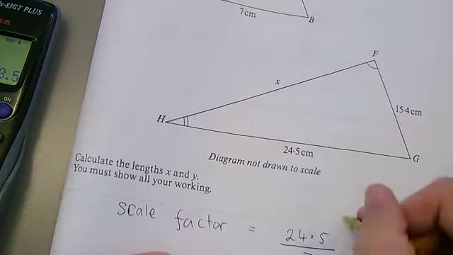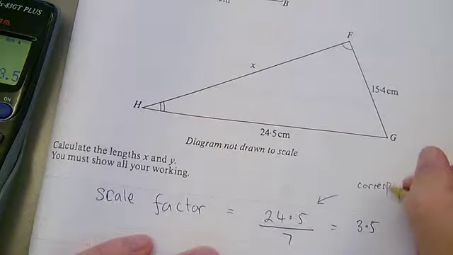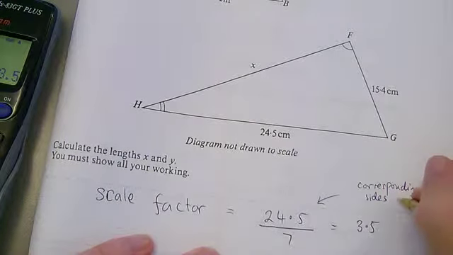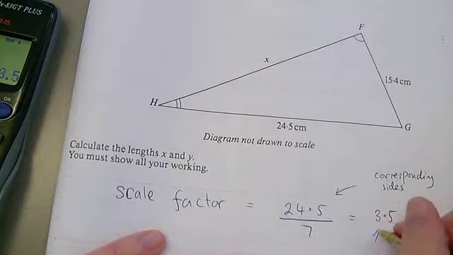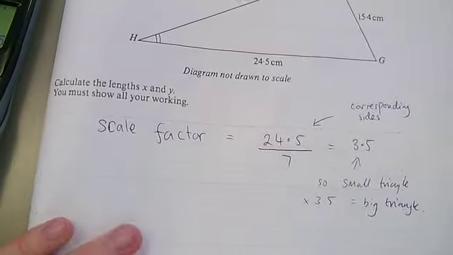Okay, so just a note here, corresponding sides. So small triangle multiplied by 3.5 equals big triangle. Could you move it up? Of course, yeah. Okay.